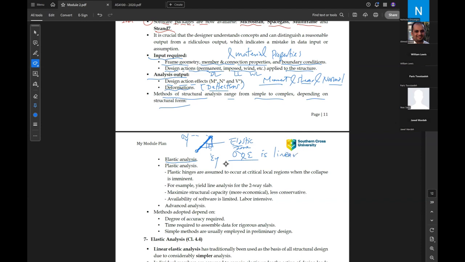This is simple because the behavior of the material is proportional between the stress and strain.